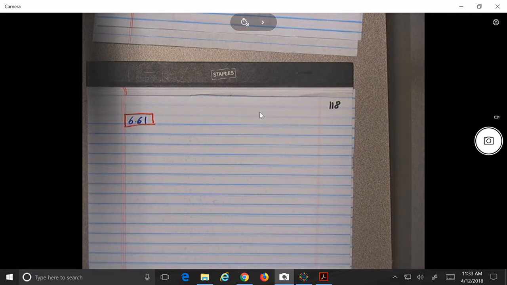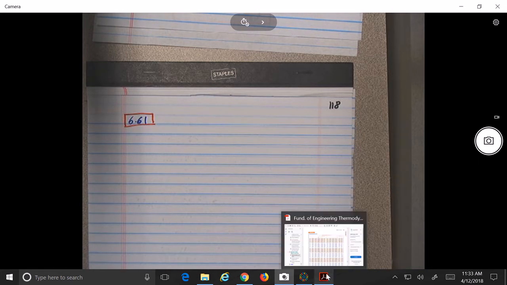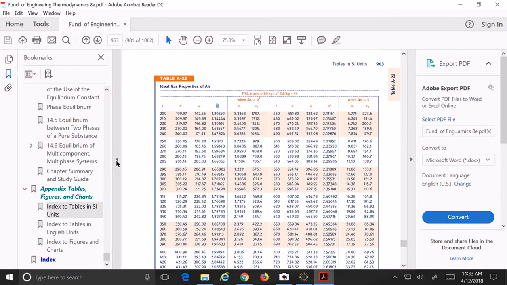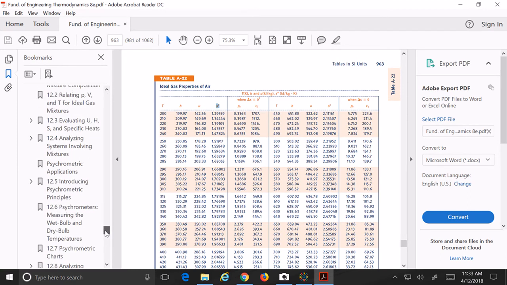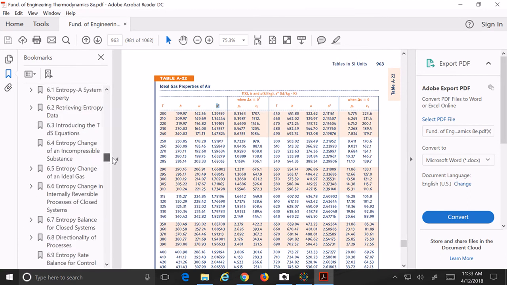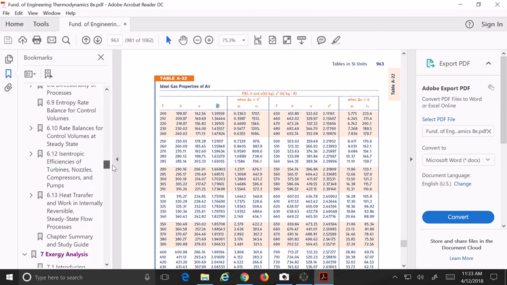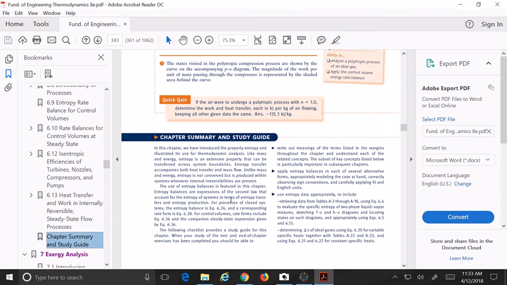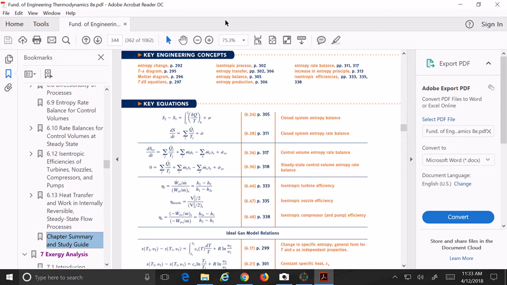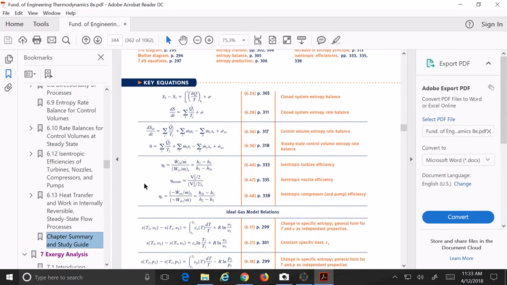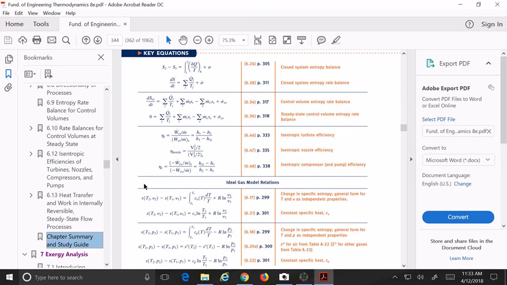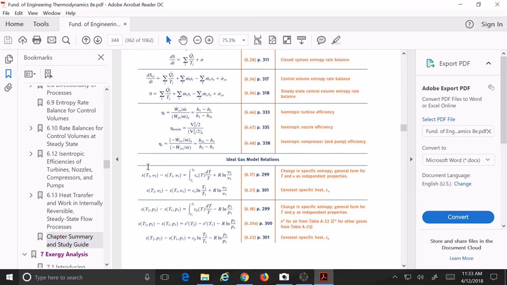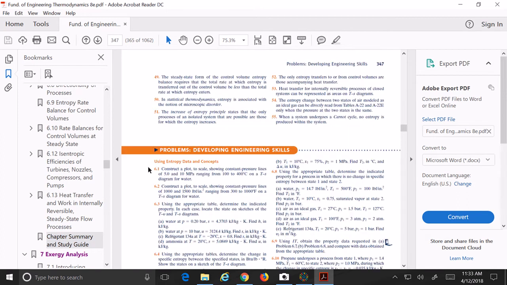I have the solution here, but it's not important. Let's do it as if we knew nothing about it, which is the way it should be done. So 661. So we know this, we don't know this, we know this stuff. Oh no, we don't know any of that stuff. There is more than what we're going to cover over here.